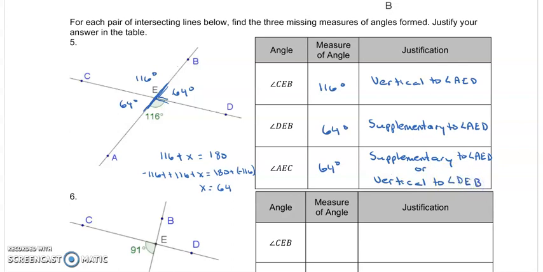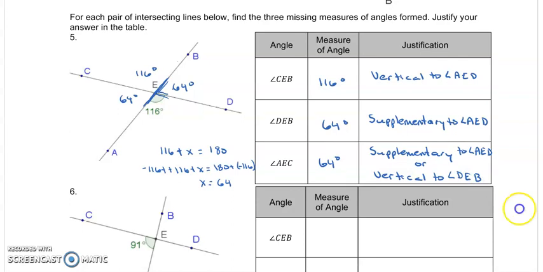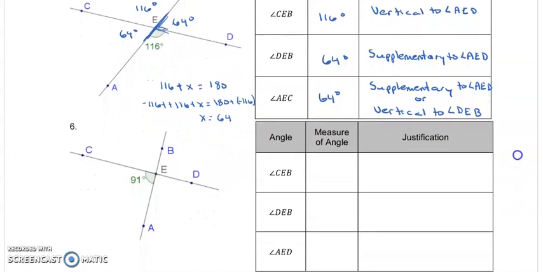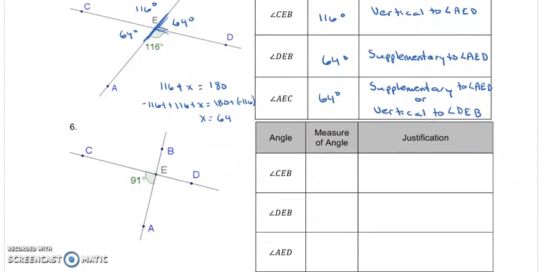So we have some options there. All right, so I want you to use what we just did in number 5, and I want you to try number 6 on your own. When you think you have all the angles and your reasons, then go ahead and come back to the video. So hit pause now.